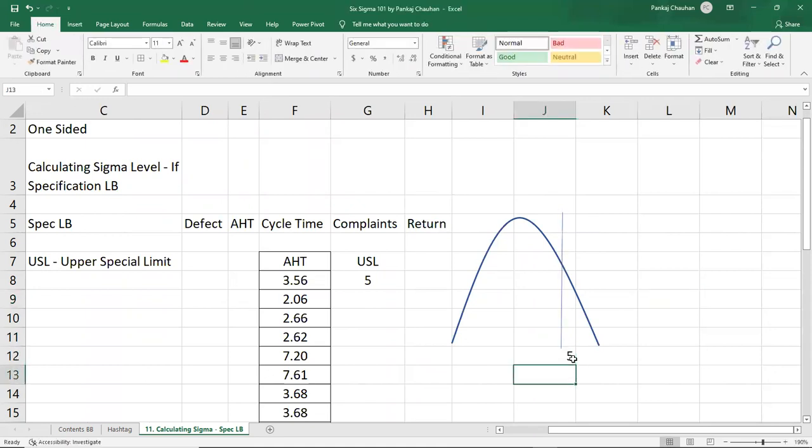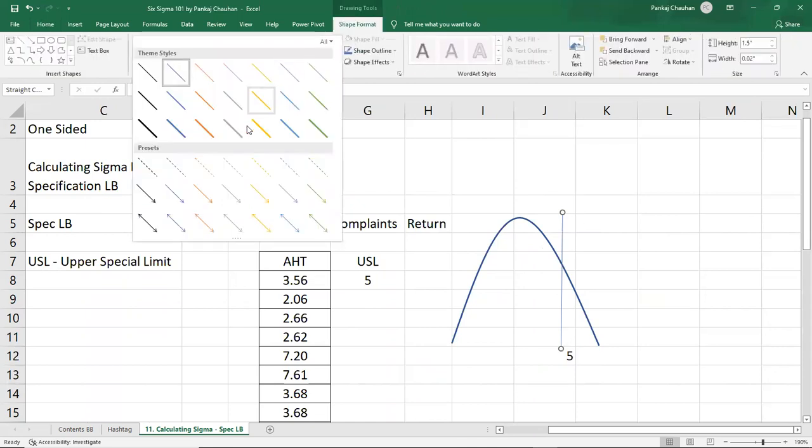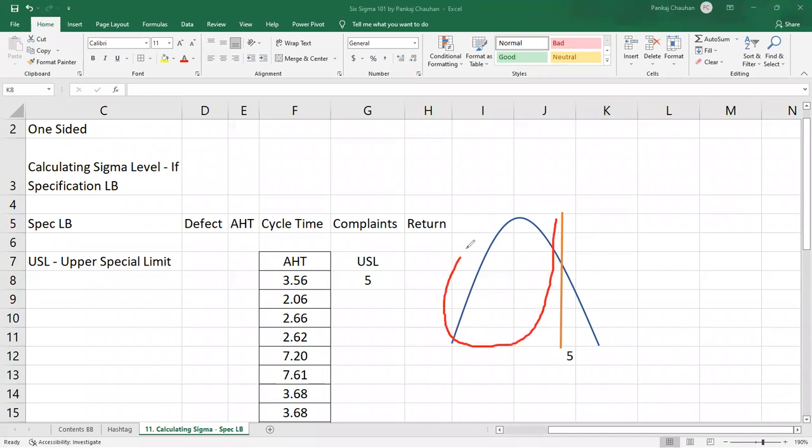Now, changing the color to an orange line. Because this is your upper specification limit, any value lower is better. So the percentage of data, out of the total 100%, that is less than this limit is good quality, which means it is meeting your specification. The values going outside this on the right-hand side are not meeting the specification.